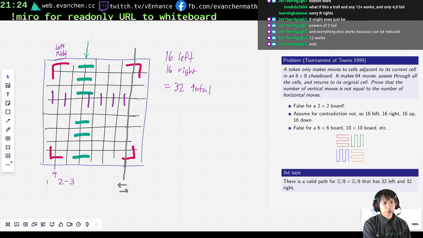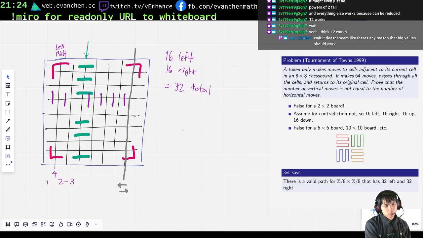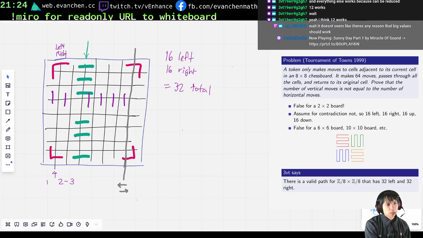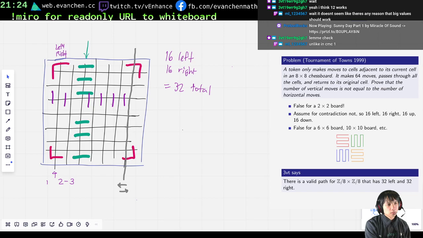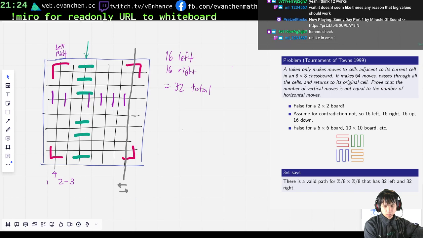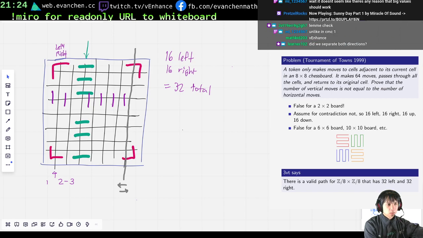If you can construct an example for 12, then we really want to know now. 12 works. Did we separate both directions? Wait, what?